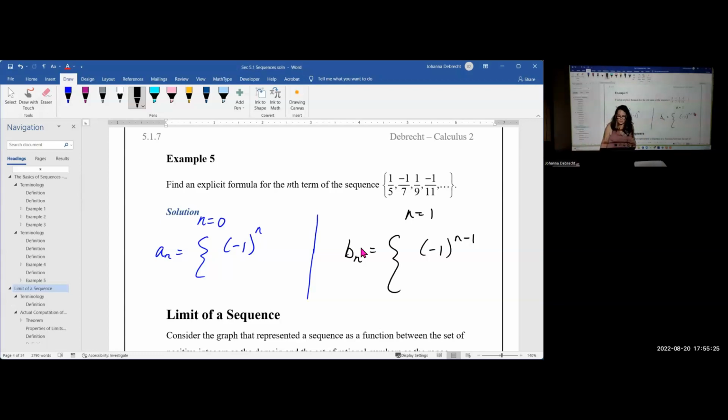Now we've got to work on this denominator that we've got here. So when I'm looking at the denominator, do I have a pattern in the denominator? Well, it looks like I start with 5, and then I add 2 each time to get from one to the next, to the next, to the next, a common difference in denominators.